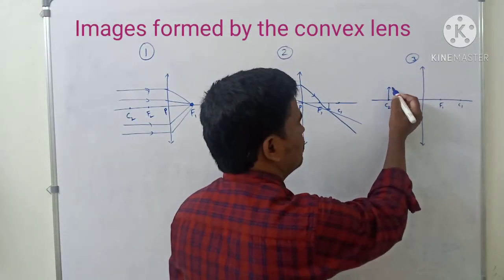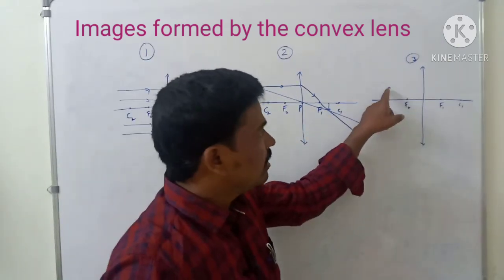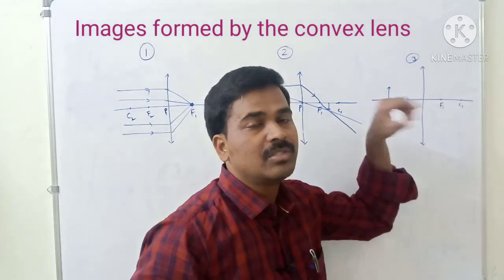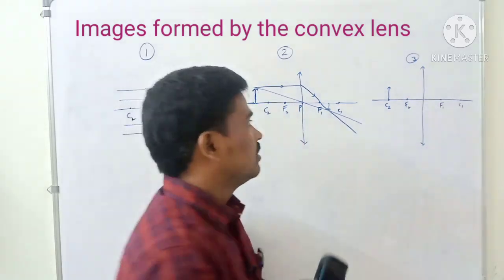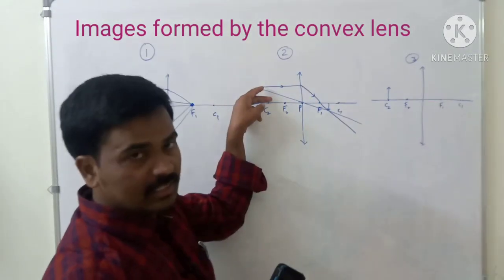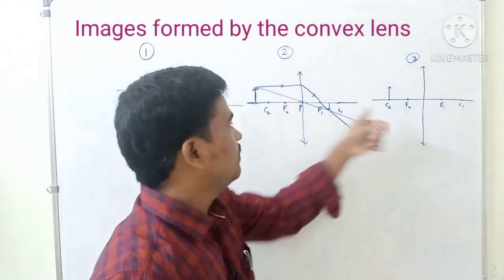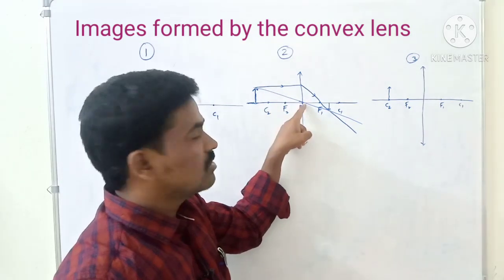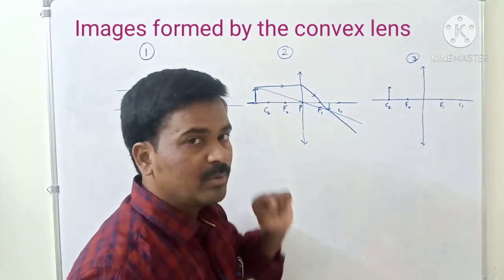I have to find the head of this object, where the lines are going to intersect. I have to take two lines, the same again, only two lines every time: the parallel line and the line which is going to the optic center. Here also I am doing the same thing.